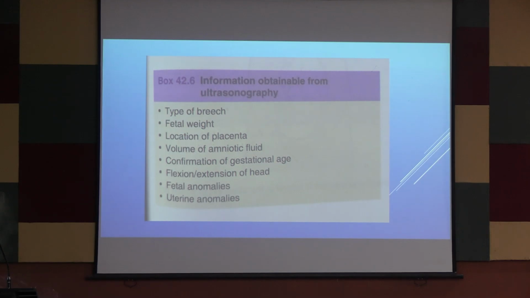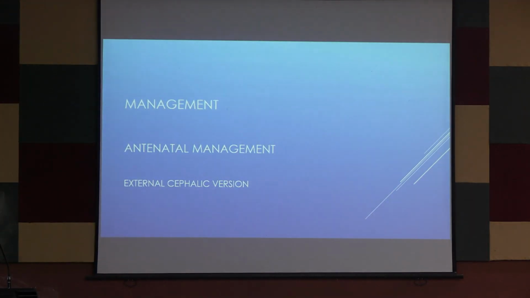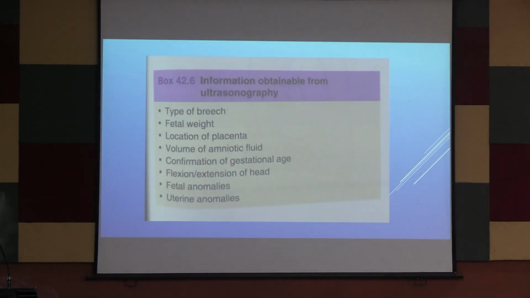Information obtainable from ultrasonography: by ultrasonography, we can diagnose breech presentation and the type of breech, and estimate fetal weight. If the fetal weight is more than 3.5 kg, we will not try for breech vaginal delivery. We will go for section. So fetal weight helps us decide which method of delivery to take.